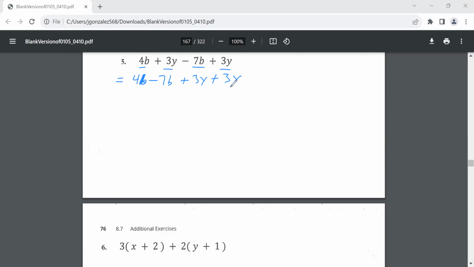You don't have to do this step. Maybe it's easier: 4 minus 7, and negative 3b. 3 plus 3. That's it.